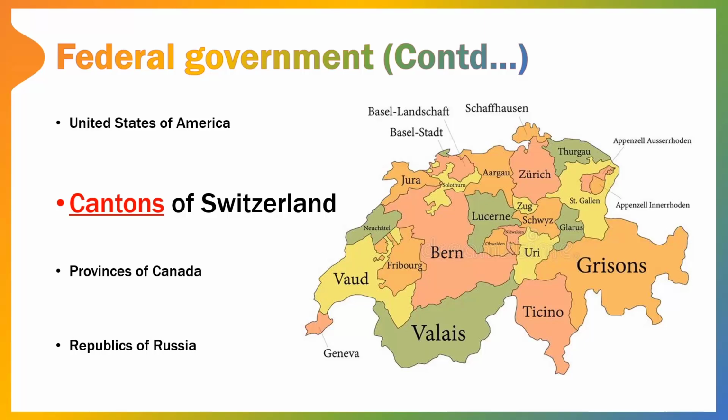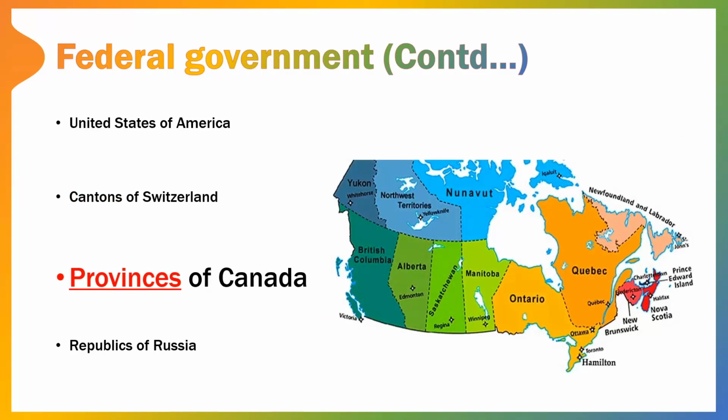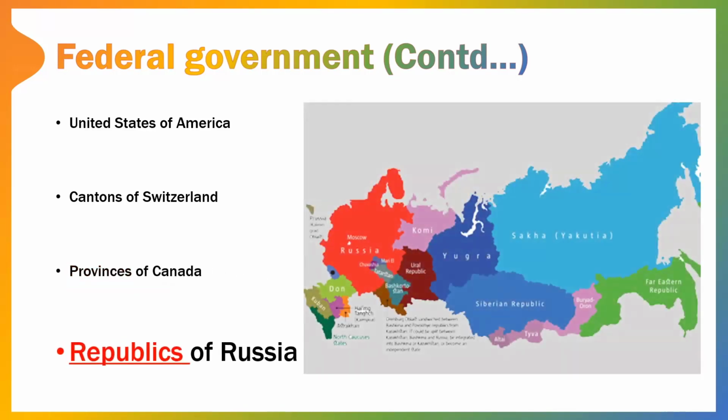In Canada, the units are known as provinces. And finally, in Russia, they are known as republics. So there are various names like states, cantons, provinces and republics. All of them are part of the federal government and they work independently.